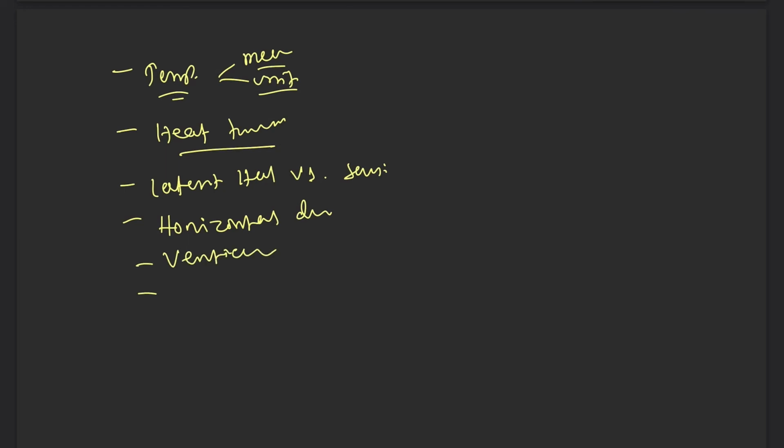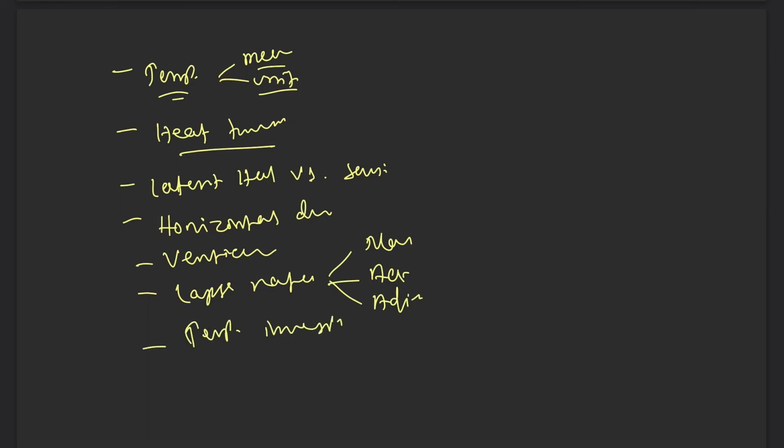Then what is lapse rate, and different types of lapse rate like normal or average lapse rate, actual lapse rate, and adiabatic lapse rate. Then temperature inversion, and what is specific heat and how it affects differentiation in temperature.